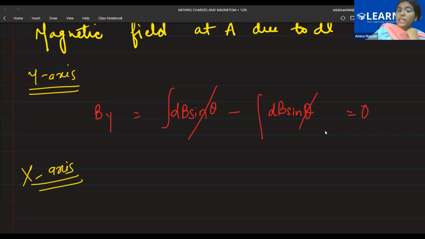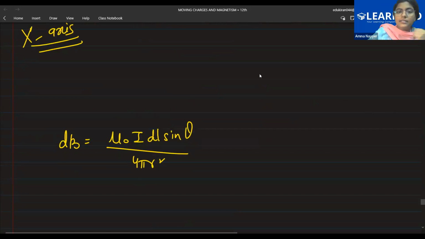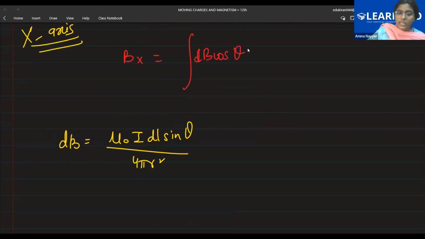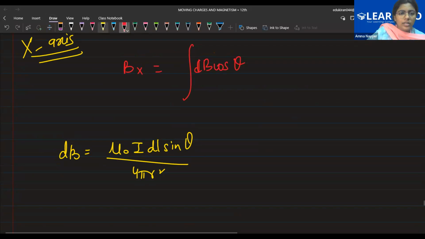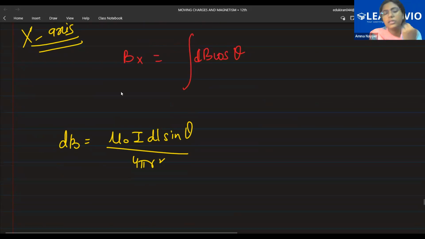Now come to Bx, that is the x-axis. Look class, along the x-axis, all the cos thetas will be pointing towards one side only. So this is basically the integral of dB cos theta. All right, this is the integral of dB cos theta. Now you know the Biot-Savart law, mu naught I dl sin theta by 4 pi r square.